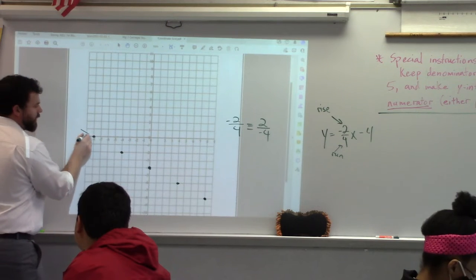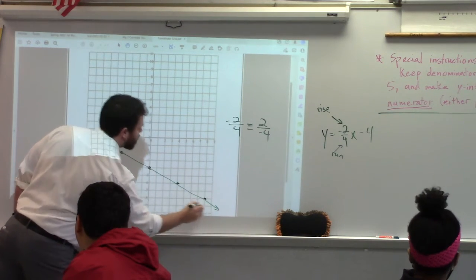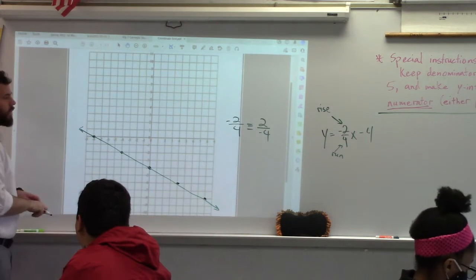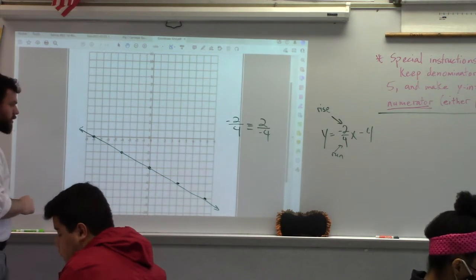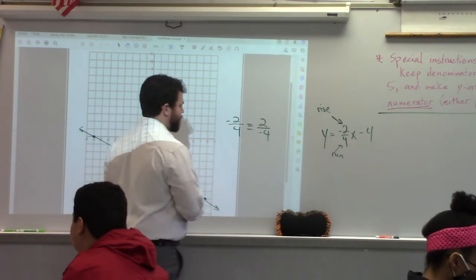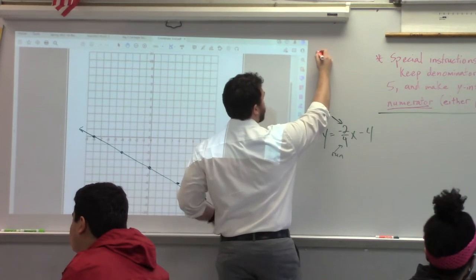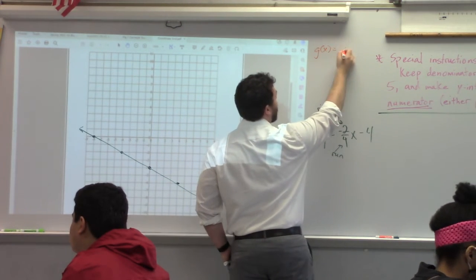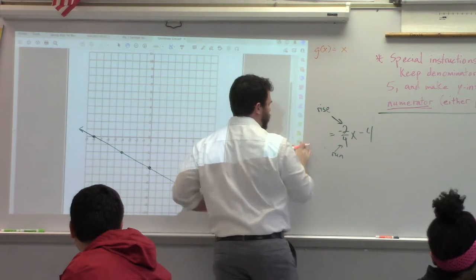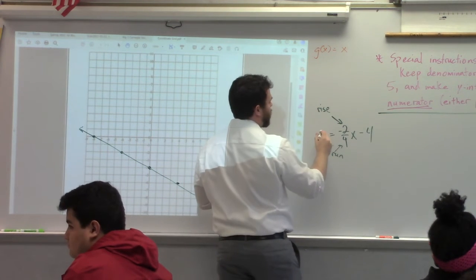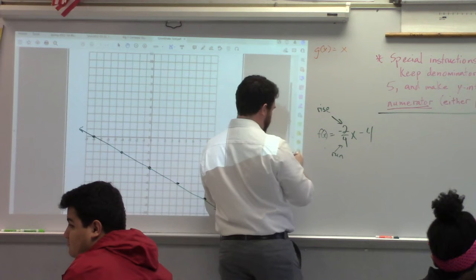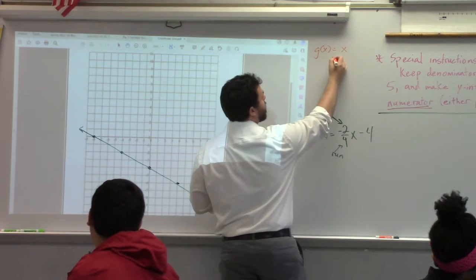So here is their function, and that's in one color. As a quick reminder for those of us who are struggling with this, for g of x equals x, remember, how else can you write that? What is equal to x? Just y.